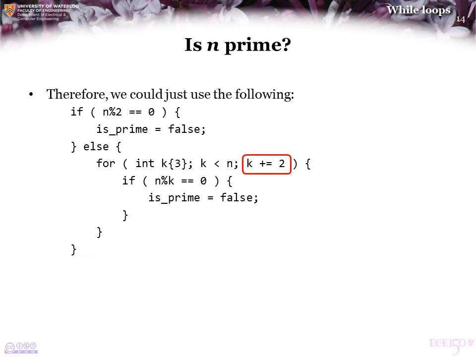So k is initially 3, we execute the loop body, and at the end we add 2 to the value of k. So now k is 5. And again, we test if n modulo k is 0, and at the end of the loop body, we increment the value of k by 2. So now k is equal to 7, and so on and so forth, so long as k is less than n.